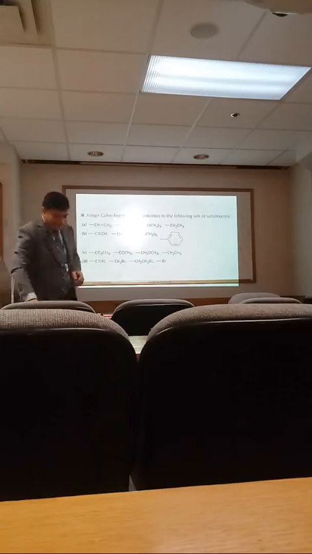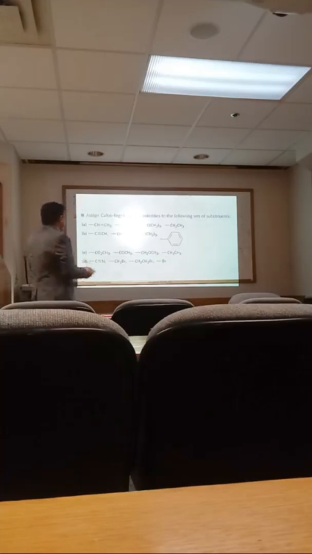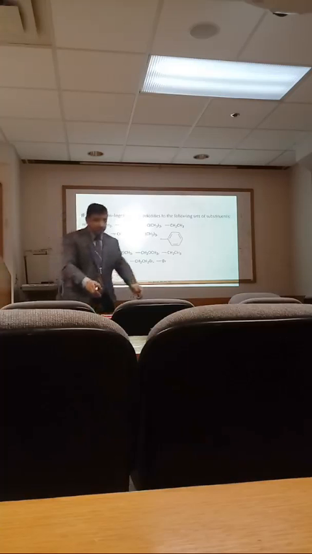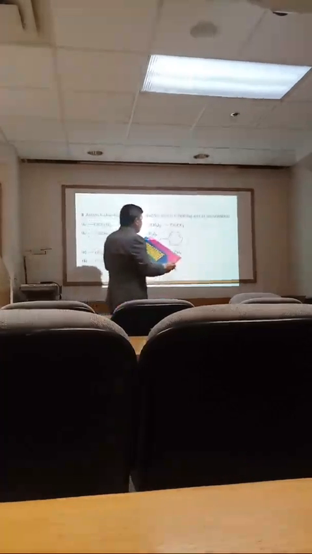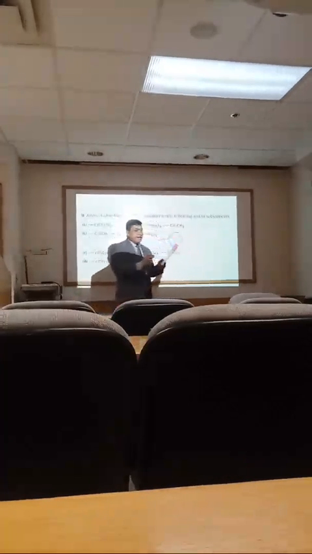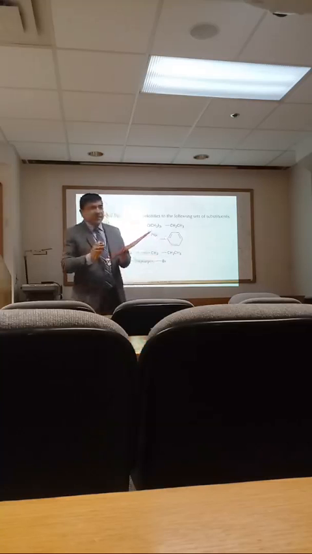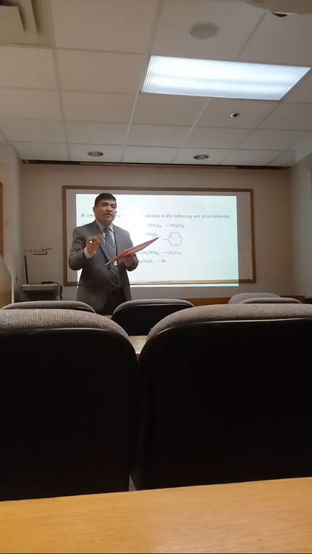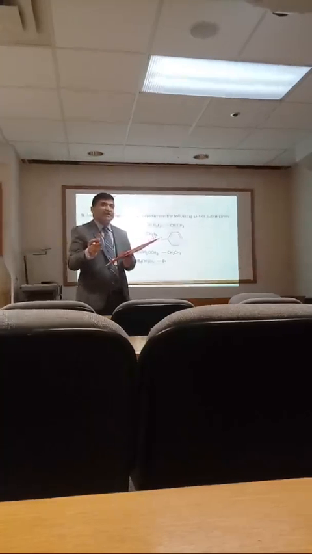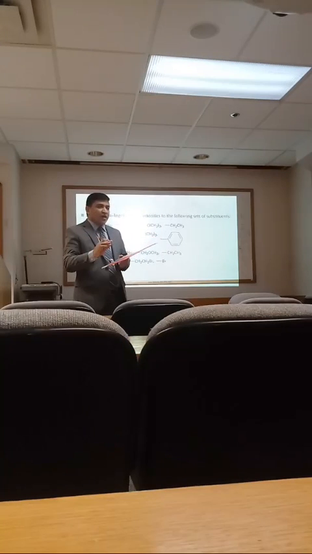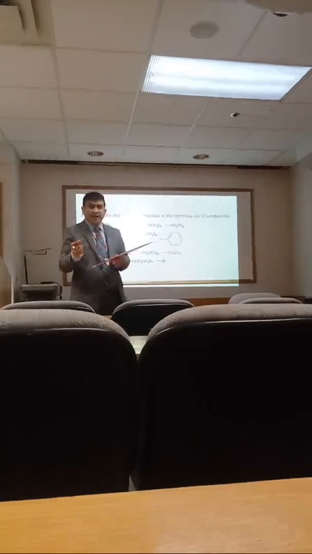This is another story by itself, but what is Cahn-Ingold-Prelog priority? What that means is basically the atoms with higher atomic weight are prioritized, and when we start naming the molecules, we start with the higher molecular weights.